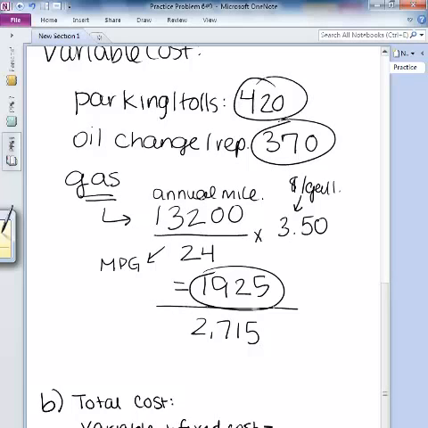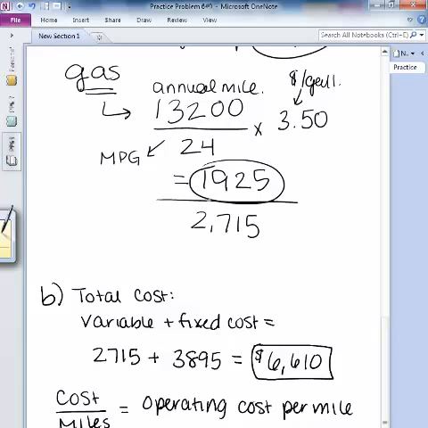So that's our total cost, and we want to take total cost and divide by our total mileage. So cost divided by the miles will give me my operating cost per mile. So operating cost per mile, when we do 6,610 divided by 13,200, we're going to get about 0.501.